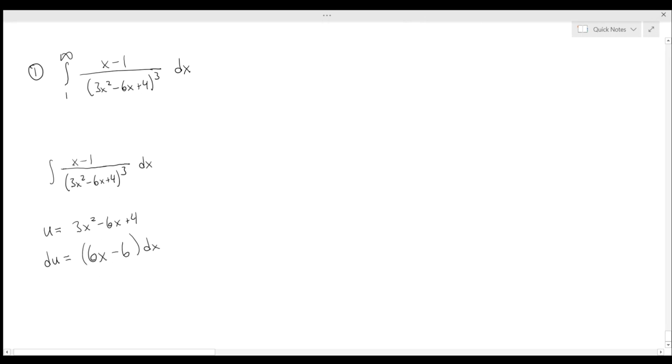All right, so in the integral, we're going to get u cubed in the denominator. And then I noticed that we have an x minus 1 in the numerator. And notice that we can get an x minus 1 down here if we just divide both sides by 6.